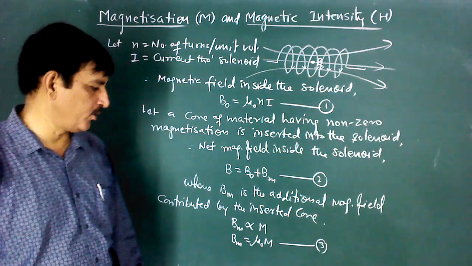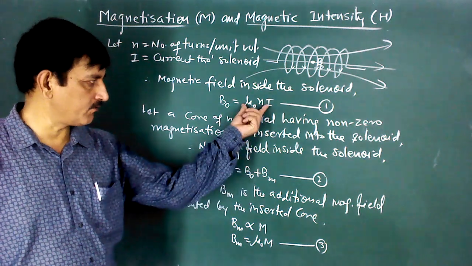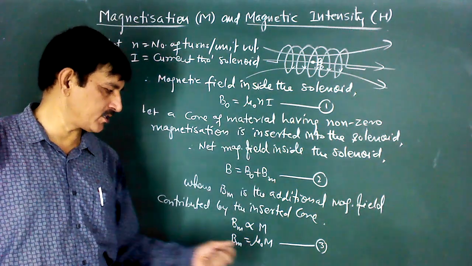Now we will put the value of B naught from equation 1 and Bm from equation 3.